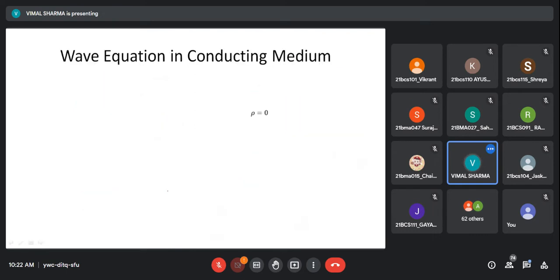now we want to write wave equation for electromagnetic wave which is propagating in some medium whose properties are given to us, and the medium is a conducting medium. So we'll be following the same steps as we did earlier to write wave equation for electromagnetic waves in free space.